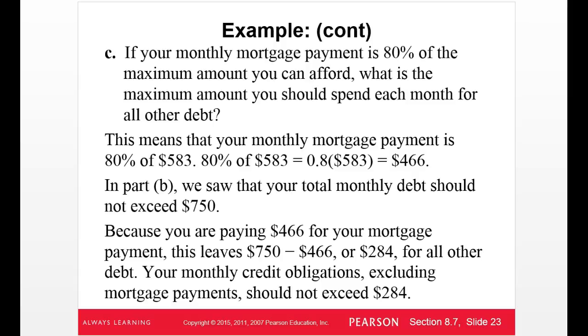Okay, so all the other things that we're going to purchase, credit card payments and the rest, can't exceed 284, because 466 of it is being spent for our mortgage. We've got to make sure that we don't go beyond that 750 line. So that leaves 284 for all the other things.